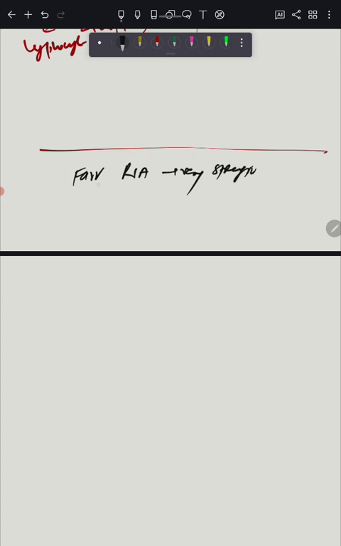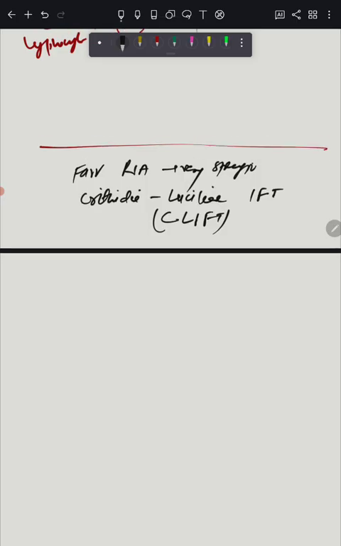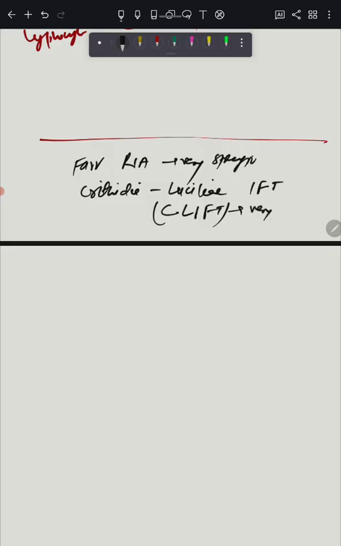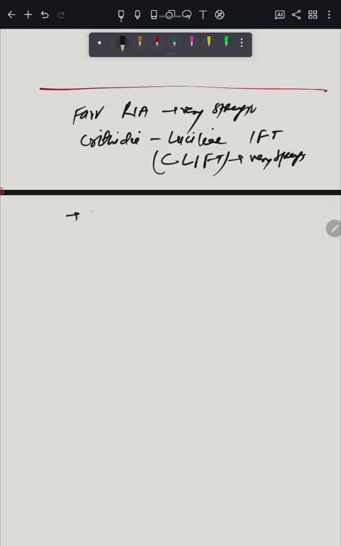Another is the Crithidia luciliae immunofluorescence test, also called CLIFT, and this is also very specific. But what happens with ELISA?